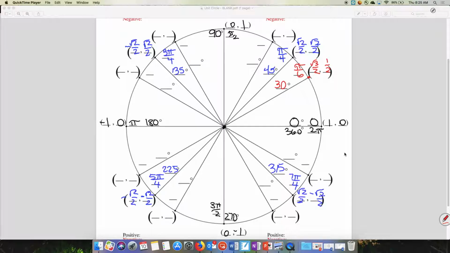In the second quadrant, if we were to place our 30-degree angle right there, we're 30 degrees away from 180. 150 degrees. Okay. Convert to radians. We are pi over 6 away from 1 pi. 5 pi over 6.